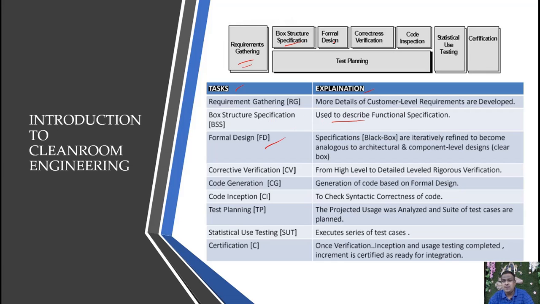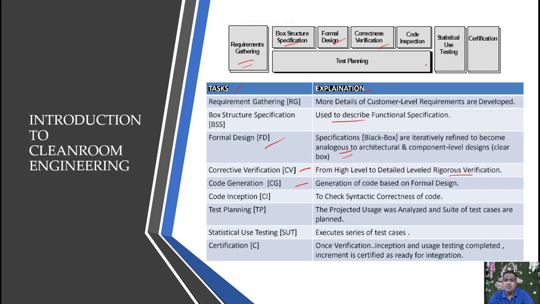Then FD, formal design: specifications, that is the black box, are iteratively refined to become analogous to architectural and component level design, that is the clear box. Correctness verification, CV: from high level to detail level, rigorous verifications are done.